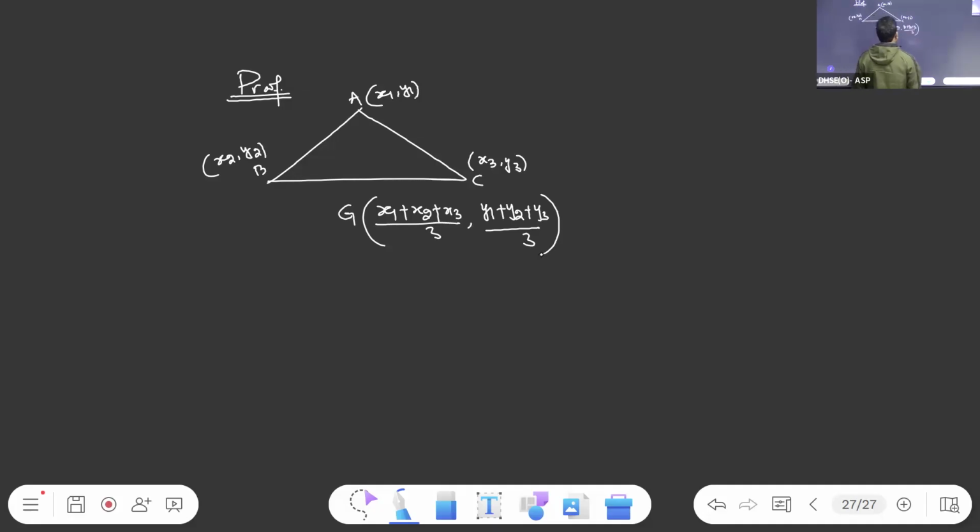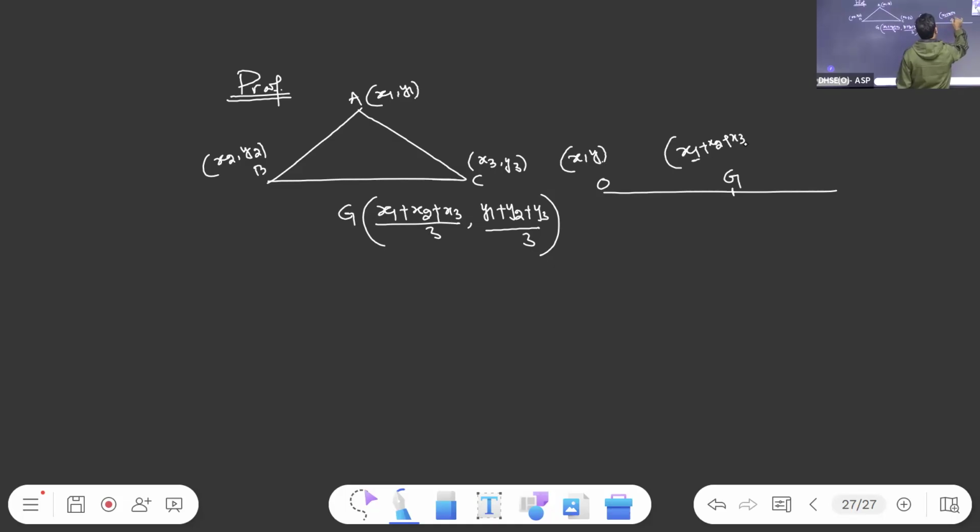It is given that the circumcenter is at 0, 0. This is orthocenter. Let the coordinates of orthocenter be x, y. This is centroid G.